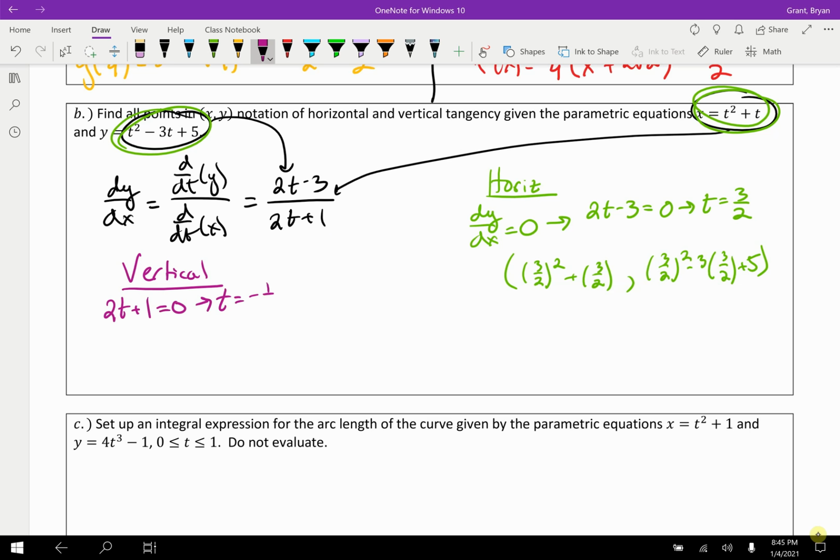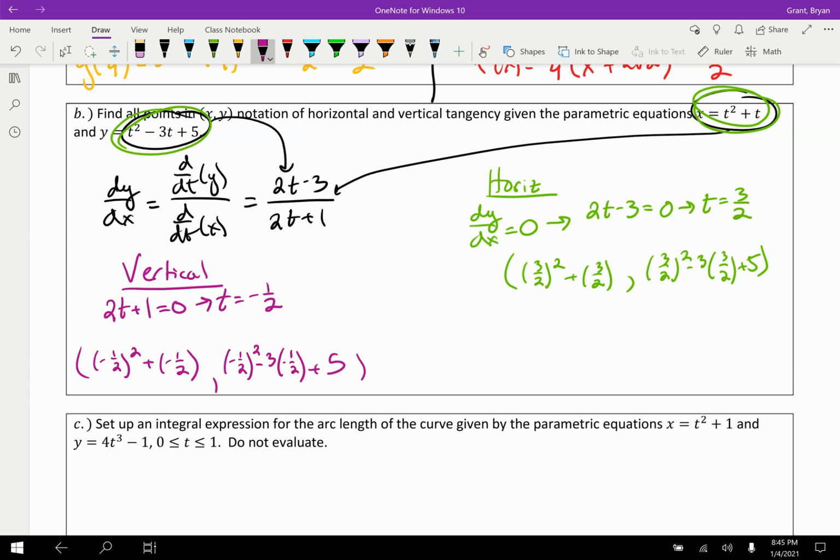Hopefully you all yelled and jumped for joy and said that t is negative 1/2. Same thing as before then. If I wanted those points, I would take negative 1/2, square it, and add negative 1/2. And same thing for y: negative 1/2 squared minus 3 times negative 1/2, and then add 5.